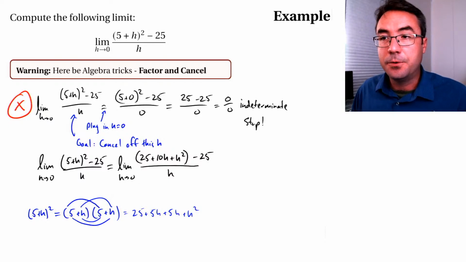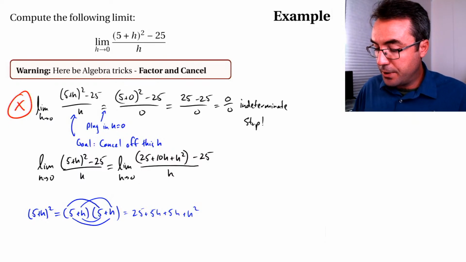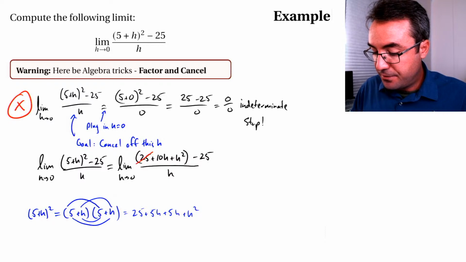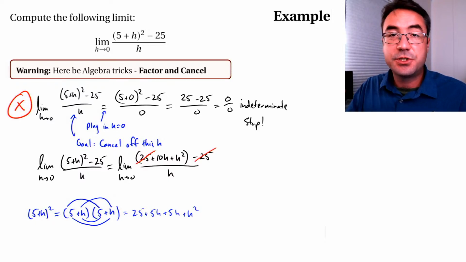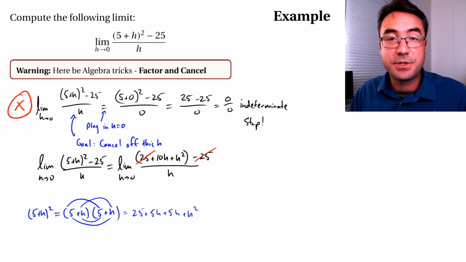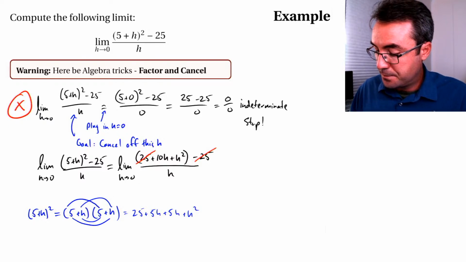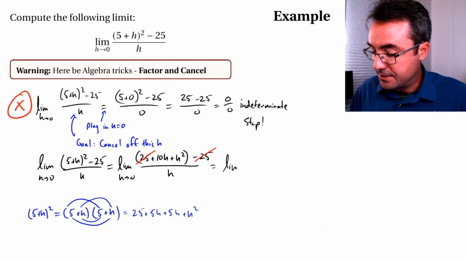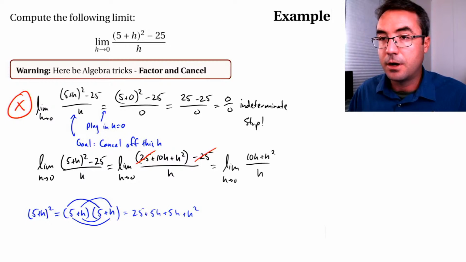Once we get that, though, what we notice is that the 25 and the 25, that's just pure arithmetic. 25 minus 25, they cancel out. So we can write that as the limit as h goes to 0 of 10h plus h squared all over h.